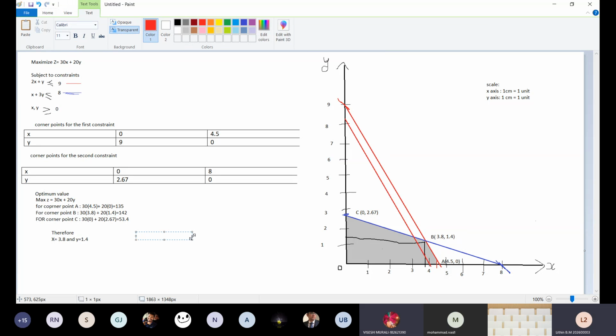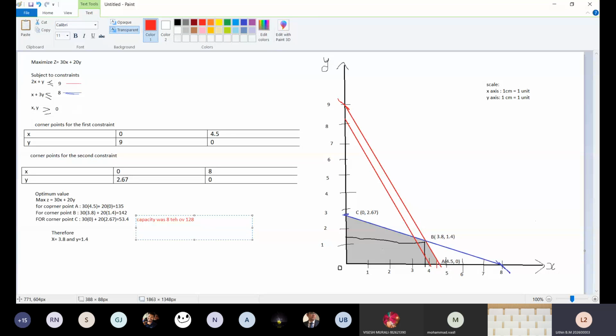See, initially it was 8. When the capacity was 8, our optimum value (OV) was 128, right?